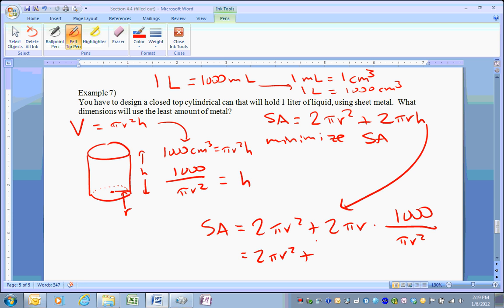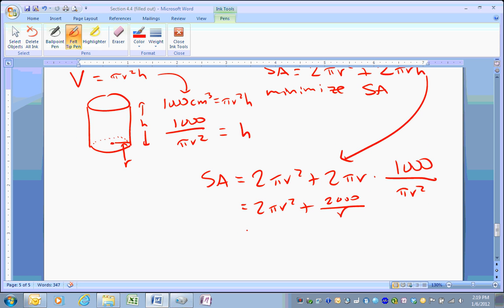So how would the right side of the plus sign be cleaned up? What can go away? The pi's could cancel. Good. So it's 2,000 over r. Or, just to make the derivative part easy, let's rewrite it as 2,000 r to the negative 1.